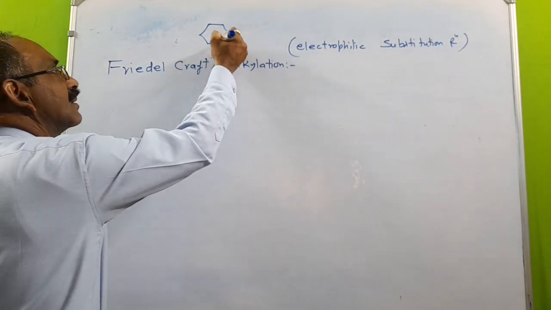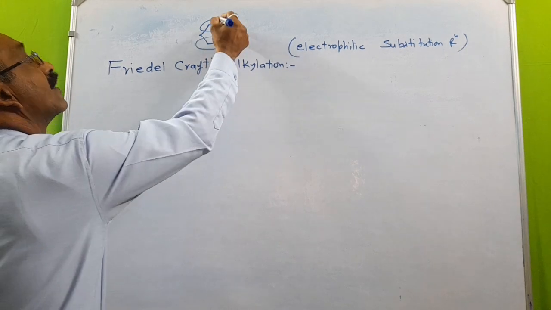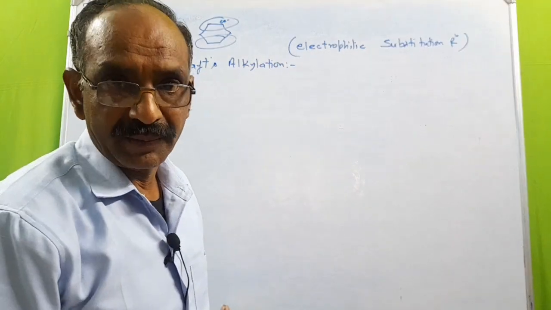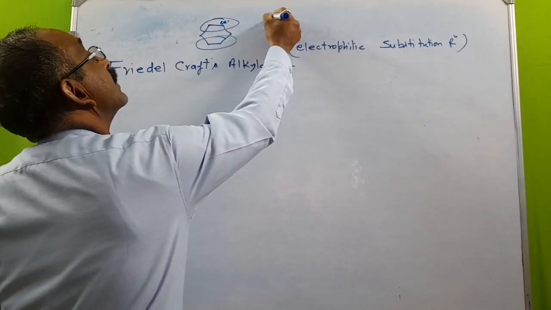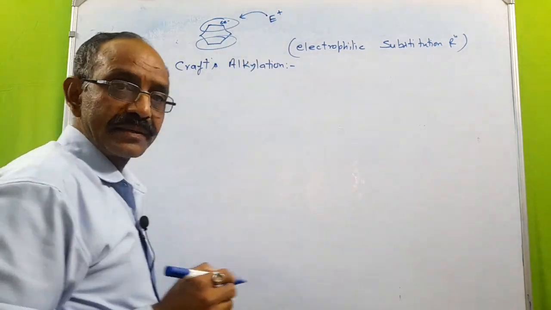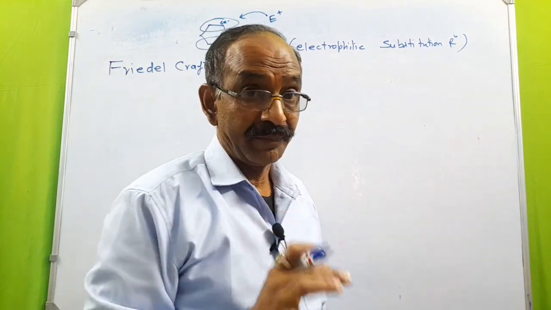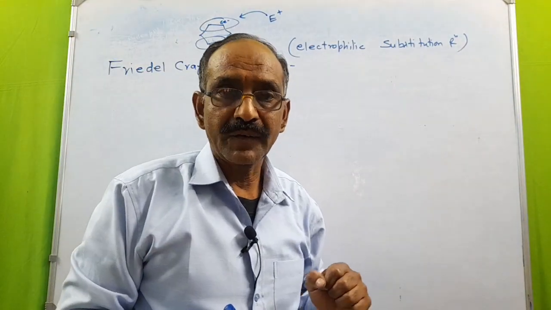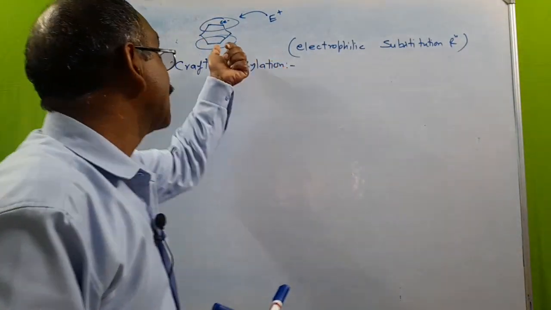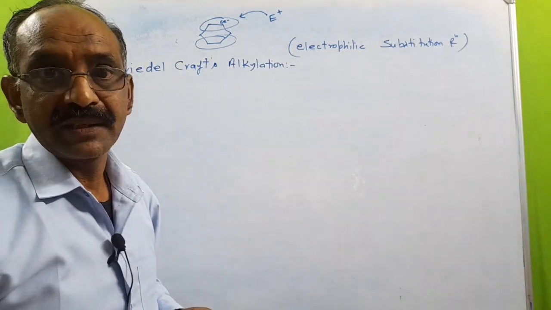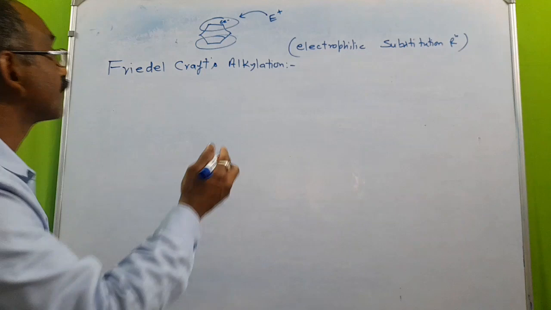As you know, in a benzene ring, there is a cloud of 6 electrons above and below the plane of the ring, and that's why benzene becomes susceptible to electrophilic attack. At the same time, benzene remains stabilized by resonance, and that's why it usually undergoes electrophilic substitution reaction instead of addition.